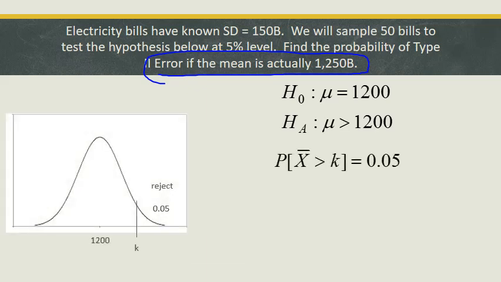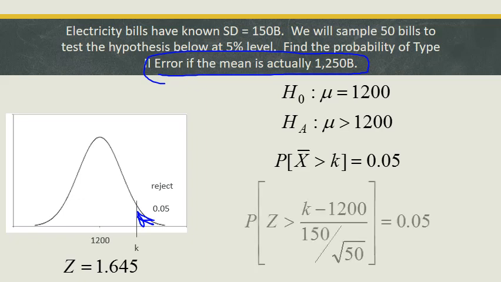So our hypothesis is one-tailed, right-tailed, and here is the distribution, assuming that the mean is equal to 1200. Since the level is given as 5%, there is a critical value, k, such that the area in the right tail beyond k is 0.05. For the z distribution, we know that this happens when z is equal to 1.645.